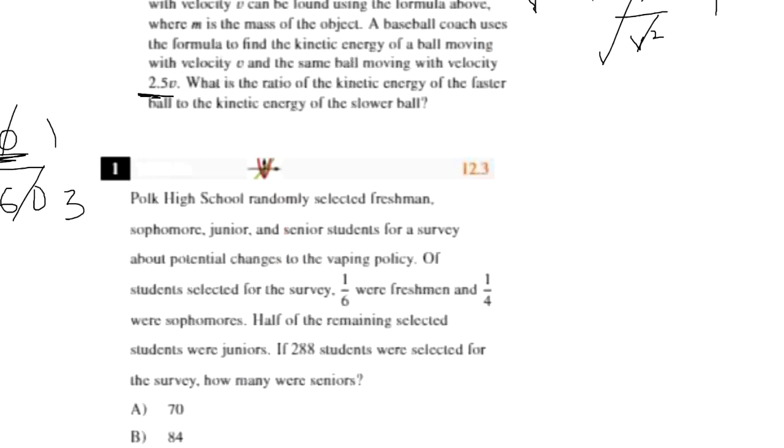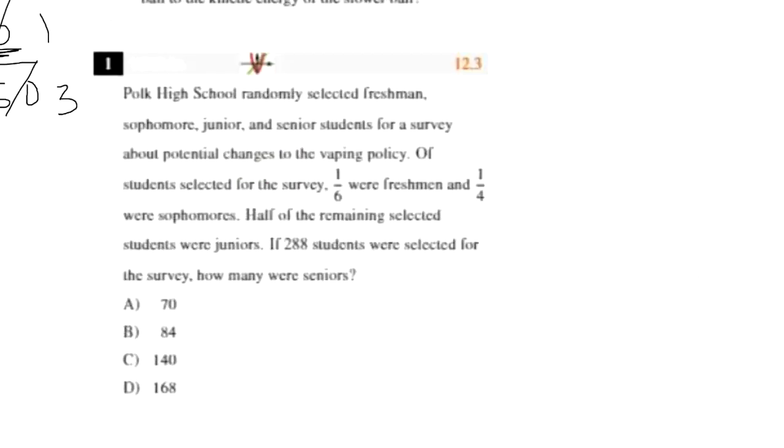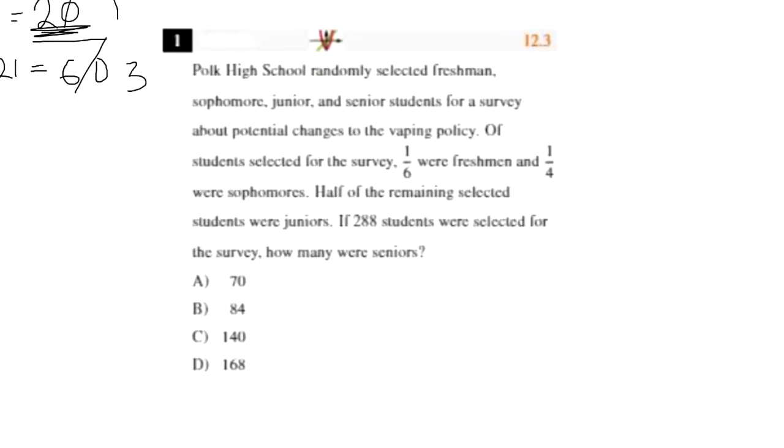Now we are on our last question, which is a word problem from proportion. Polk High School randomly selected freshmen, sophomore, junior, and senior students for a survey about potential changes to the vaping policy.